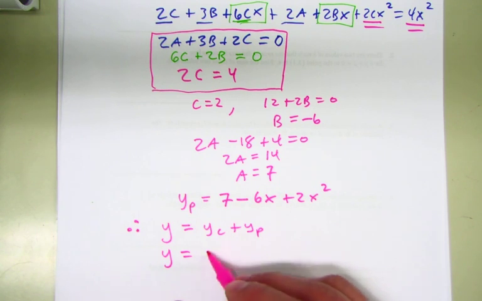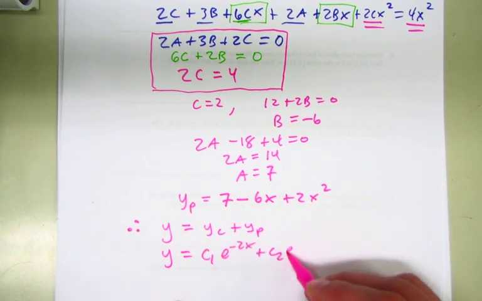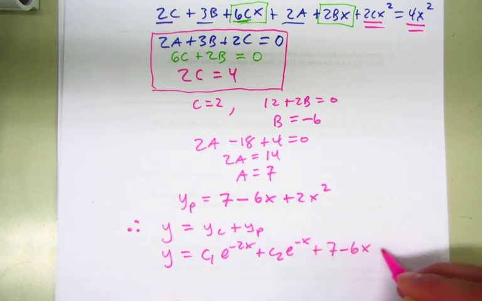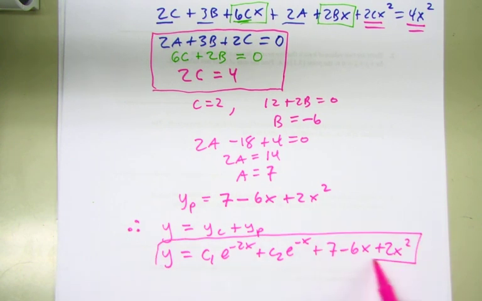So the final answer is c1 e to the minus 2x plus c2 e to the minus x plus 7 minus 6x plus 2x squared. Okay? And so that's the first example. Okay? And so here's a recap of the method, and we'll do one more example.